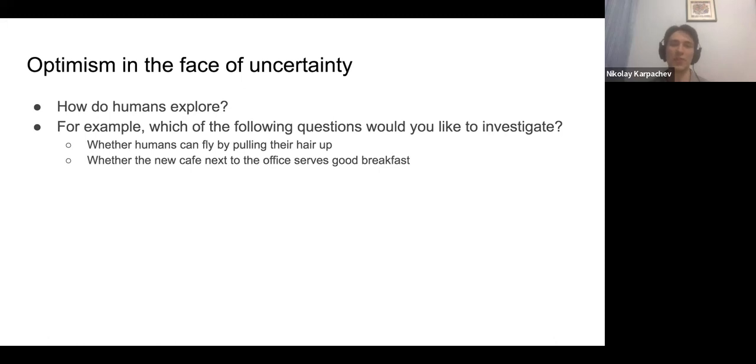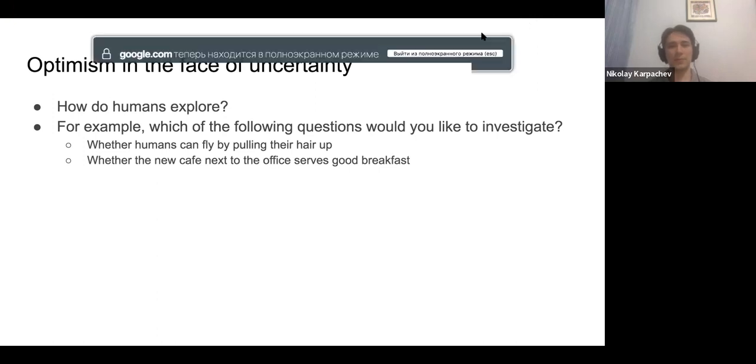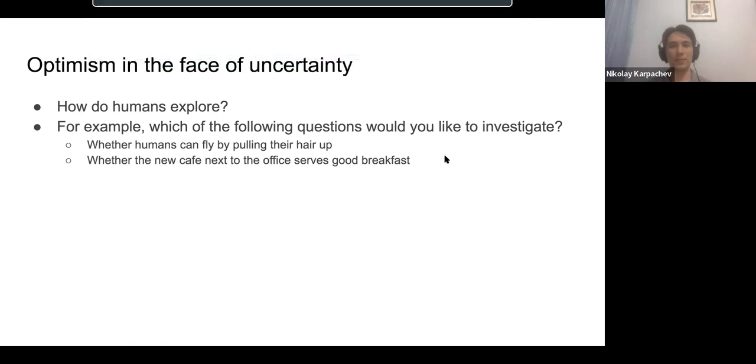So which action will you choose for exploration and why? So it's an obvious question, but the trick here is to formalize why we pick the second one and not the first.